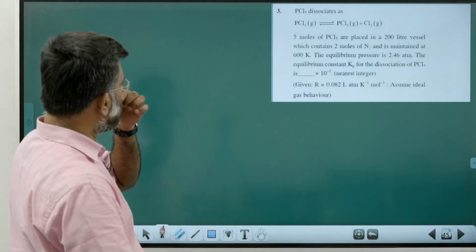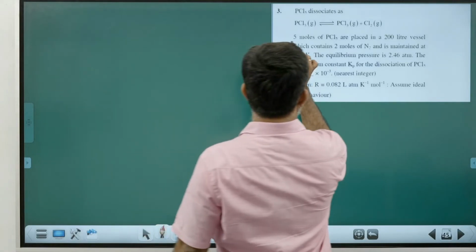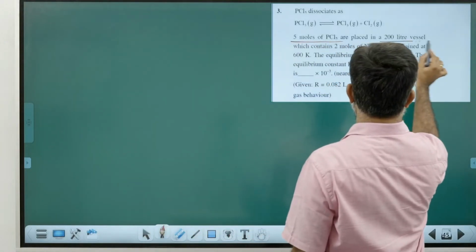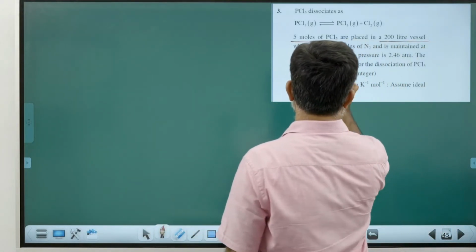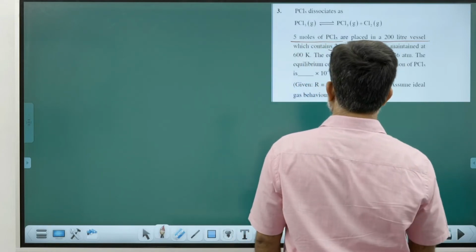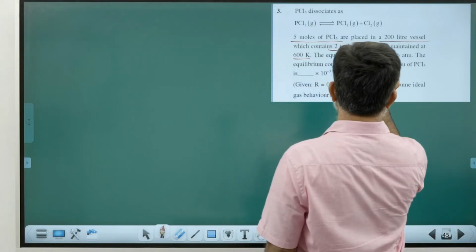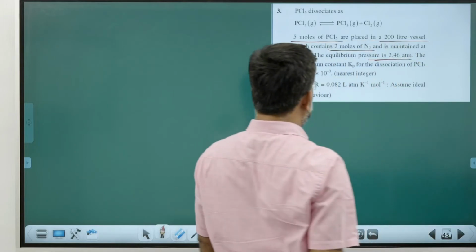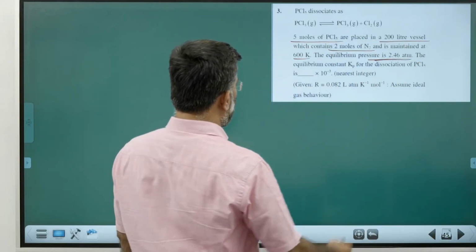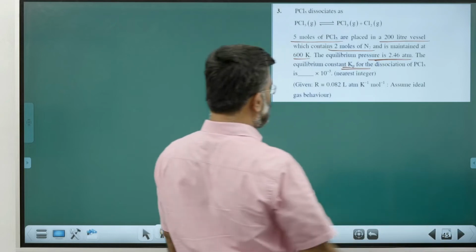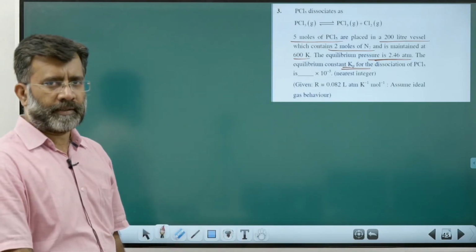PCl5 dissociates. 5 moles of PCl5 are placed in a 200 liter vessel containing 2 moles of N2, maintained at 600 Kelvin. The equilibrium pressure is given as 2.46. We want to find Kp. Right?